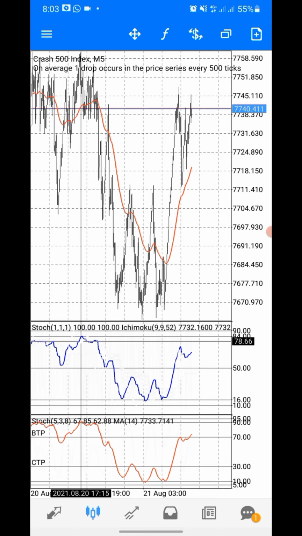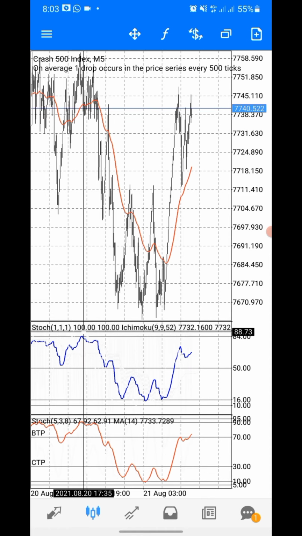The moving average, for example, for Crash 500 should be within the 95 and 90 stochastic zone, and the Ichimoku should be within the 90 and 84 stochastic zone. If the two conditions are not met, we do not execute the trade. So you have to wait for the two conditions to be met before taking any trade.